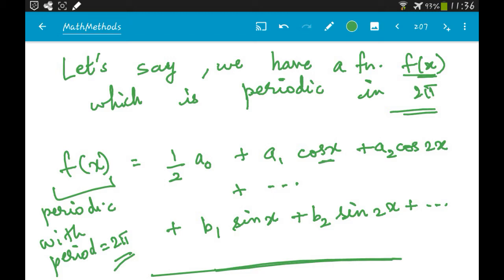So 1 is your frequency, here 2 is the frequency, 3 again, here 2 is the frequency. So what you are doing is representing a function which has a more complicated form in terms of sines and cosines, but the only things that are changing are the coefficients, right? a1, a2, a0, b1, b2, so the coefficients are changing and the frequency is changing.